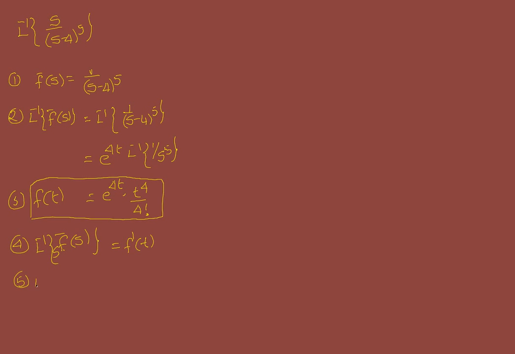Therefore L inverse of s by s minus 4 whole power 5 is equal to f dash of t, which is 1 by 24 into e power 4t into 4t cube plus t power 4 into e power 4t into 4, since the differentiation of 4t is 4. If you do the simplification, you are going to get the answer. Okay.